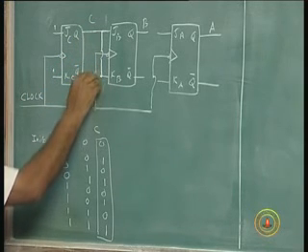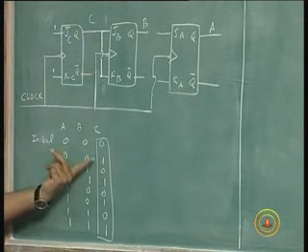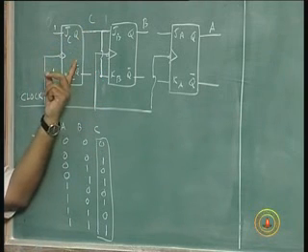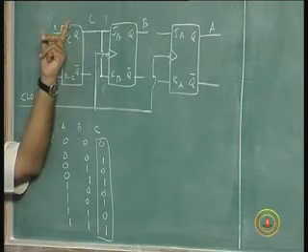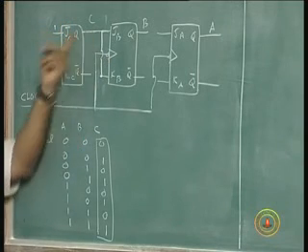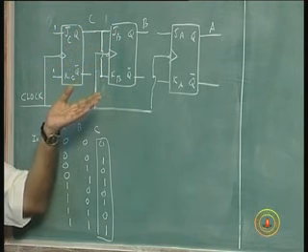Both J and K will give 0 0. So during the second pulse, when this became 1 from 0, this does not become 1 from 0, because J and K are both 0 0. With 0 0 and the clock pulse applied, it remains the same in a JK flip-flop.